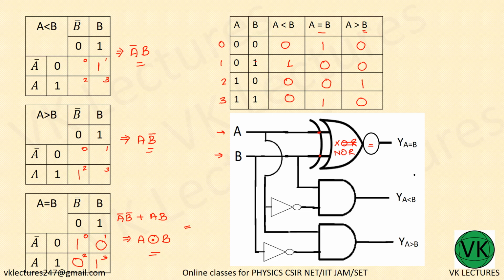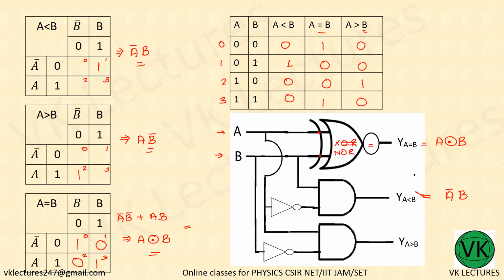Then a bar b, this is y a less than b. So this is a XNOR b. And what about this? Y a less than b is here, a bar b.